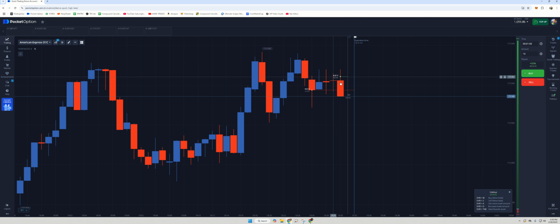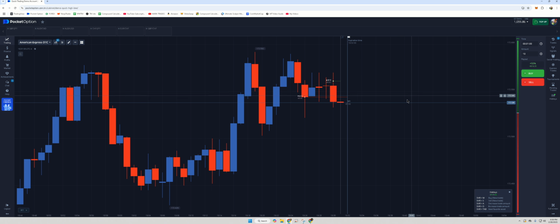Looks like I'm going to lose that. And who knows, I'll probably win this one. But now you're getting a base idea. So I lost that $10 because this candle was below that line after 1 minute's time.